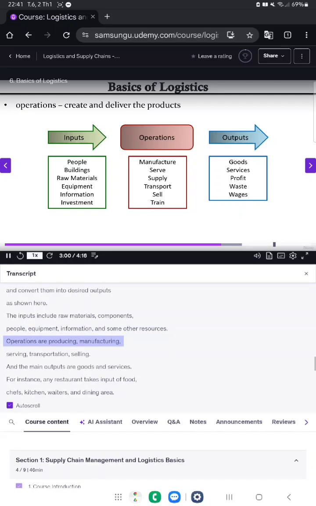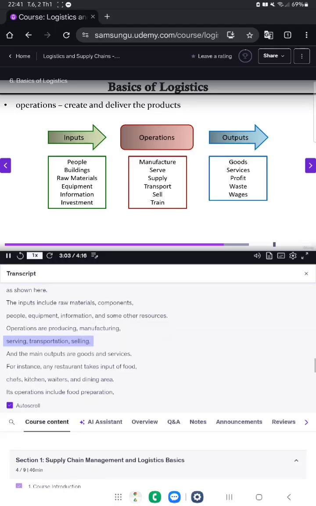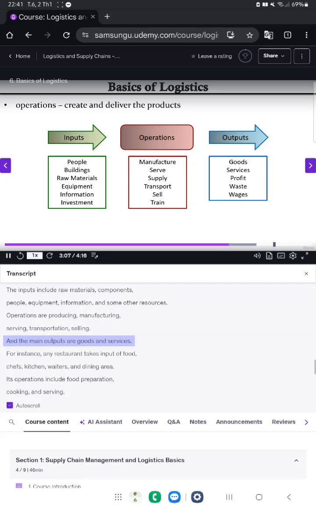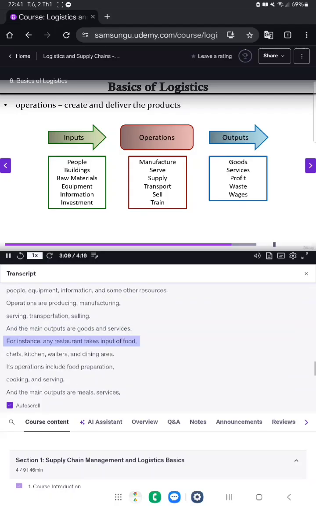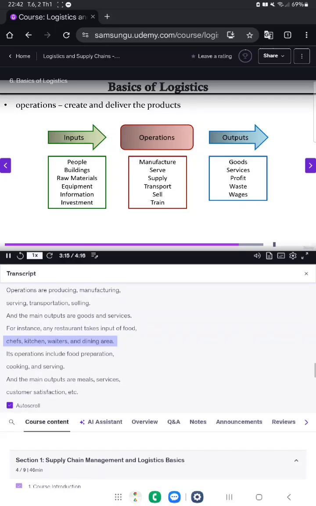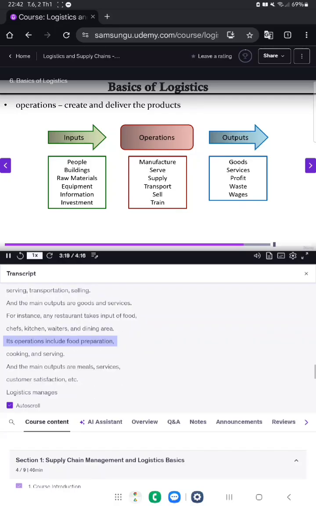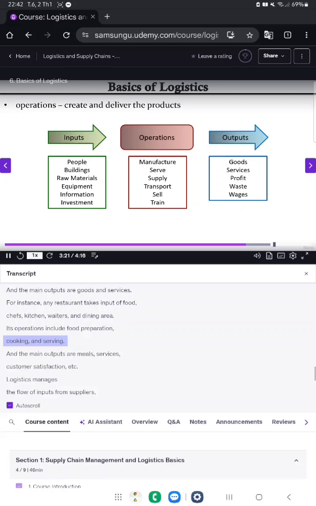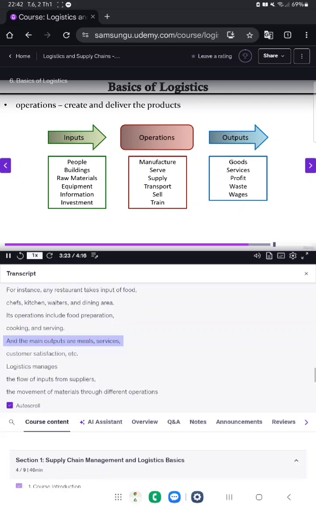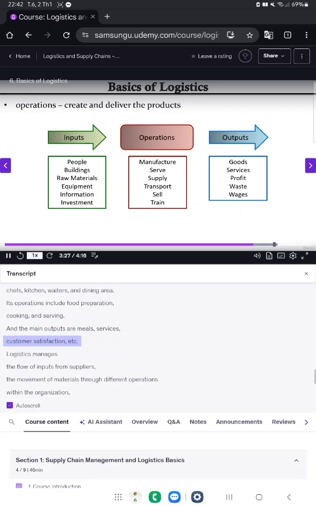Operations are producing, manufacturing, serving, transportation, selling, and the main outputs are goods and services. For instance, any restaurant takes inputs of food, chef's kitchen, waiters, and dining area. Its operations include food preparation, cooking and serving, and the main outputs are meals, services, customer satisfaction, etc.